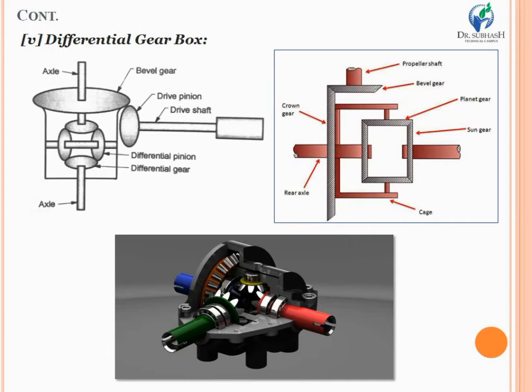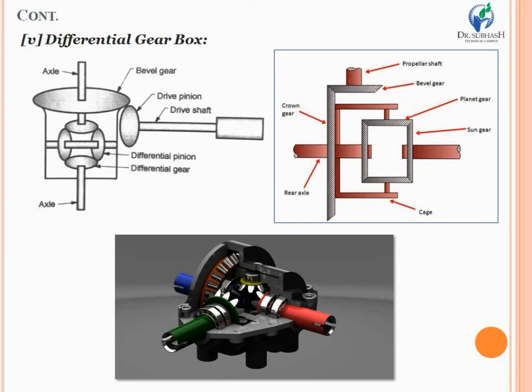So this is the very specific gearbox used in automobiles like trucks, cars or heavy loaded vehicles, where the outer wheel is required to turn more, or to travel more distance, as compared to the inner wheel.